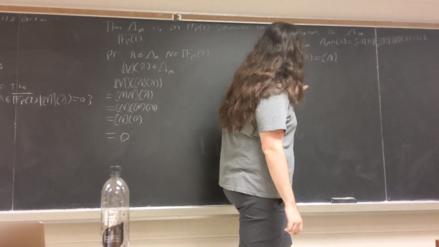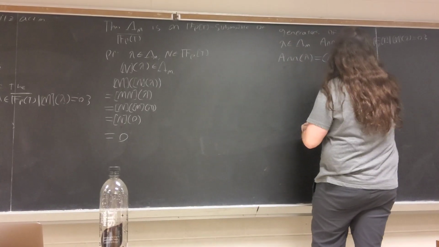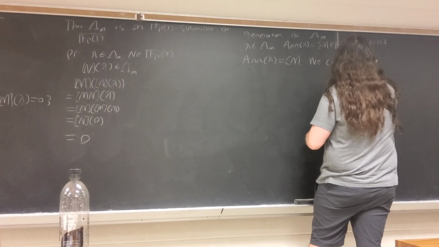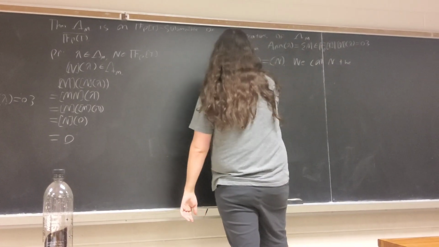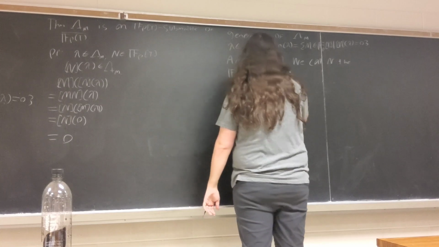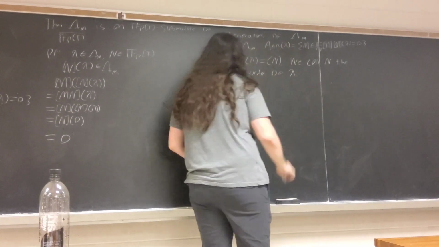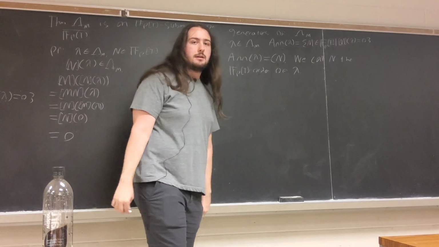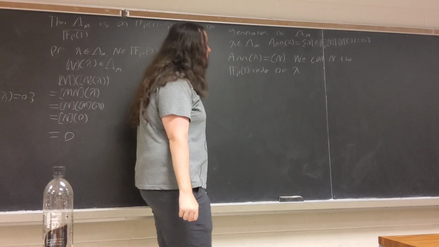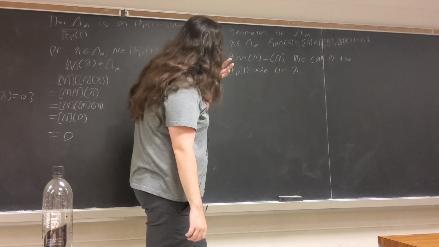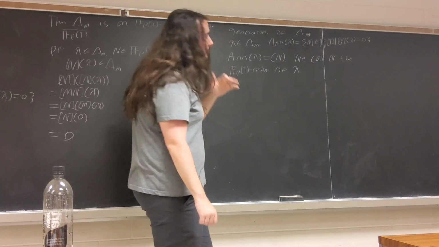So this, we call this n the Fp[T] order of lambda. And I'm going to call it order because it's going to act like sort of the order of a group element. I'm going to appeal to some group theory things in the rest of this.